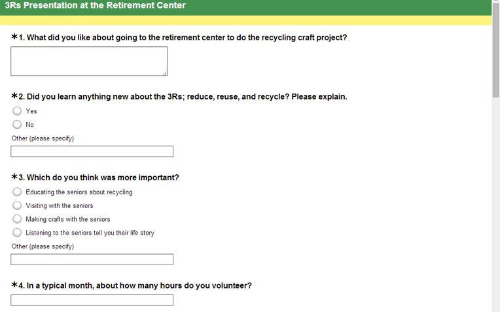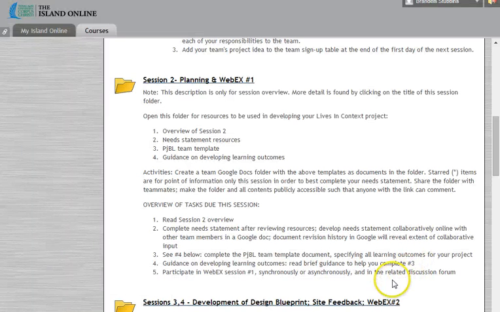CLIC teams have used interviews, surveys, and focus groups to identify what it is they can do for their site. This is an example of a survey that was created using SurveyMonkey for our 3Rs project. Teams can also use the forms in Google Drive to create their own surveys. Once the team has gotten an idea of what the target site's needs are, they will then complete a needs assessment template based on the initial interview of the target site.